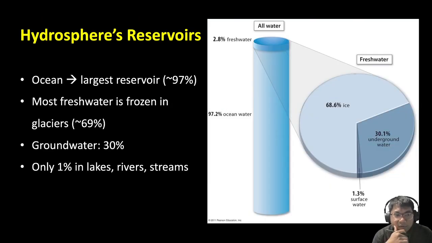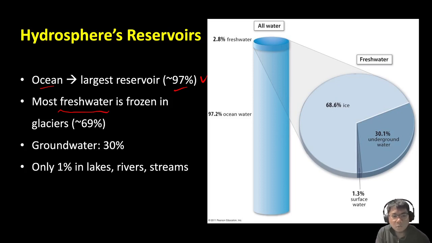These are the different hydrosphere reservoirs that we have on Earth. The ocean is the largest reservoir for the Earth's hydrosphere, taking up about 97% of the entire hydrosphere of the Earth. The ocean has salt water, so most fresh water is frozen in glaciers. Glaciers are something that we're going to be talking about in a minute when we talk about the cryosphere.